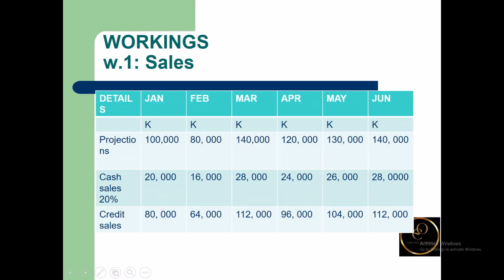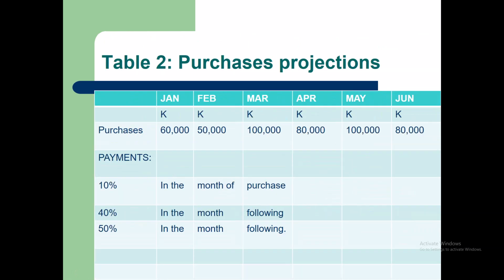And then in the note on purchases, we are guided that when it comes to payments, 10% of the total purchases projection will be made in the month of purchases, 40% in the month following, and 50% in the month following to that. If you add this, it gives you a total of 100%.